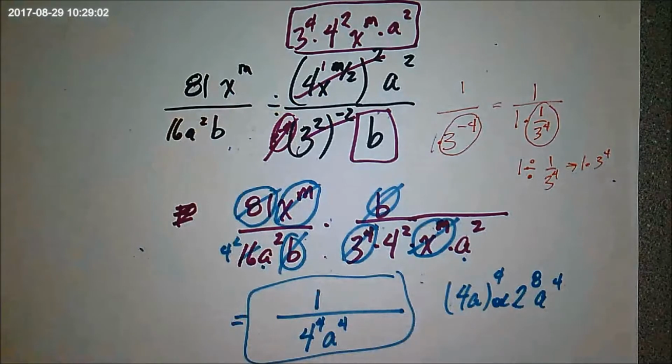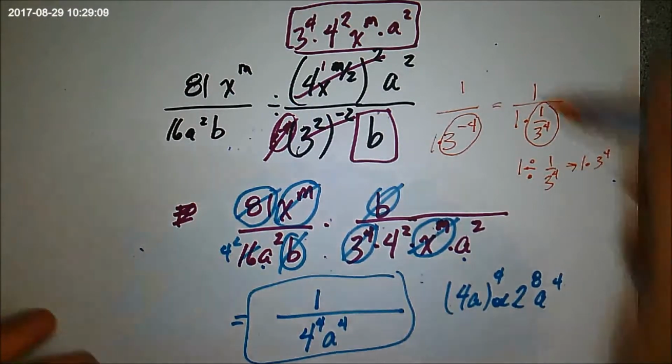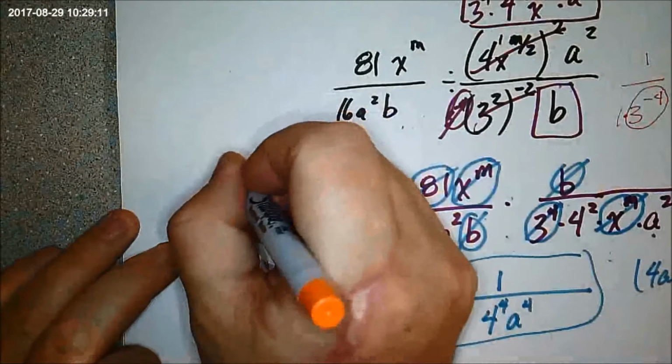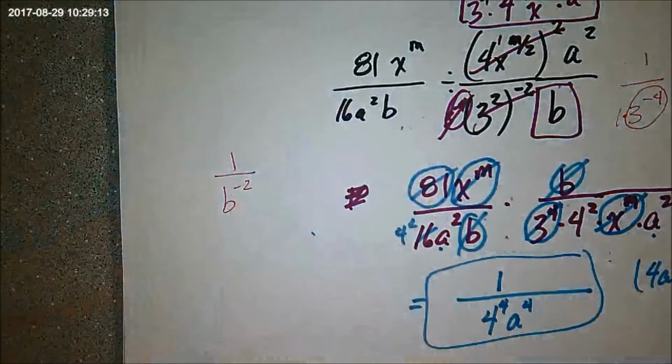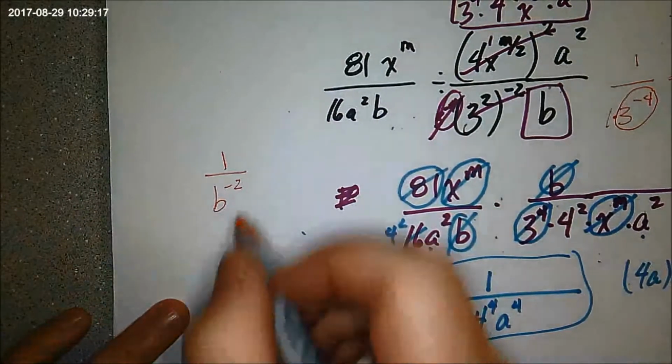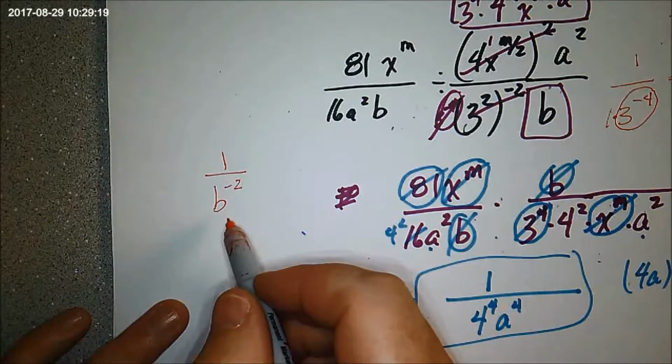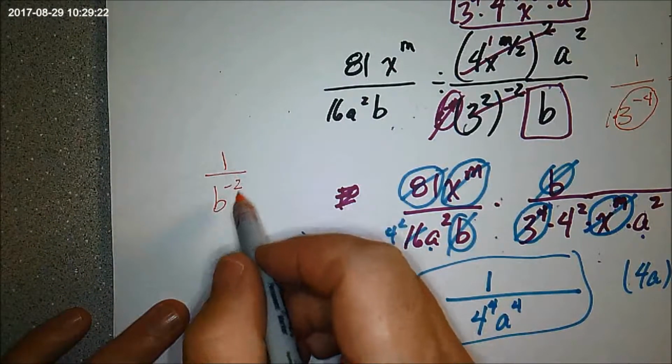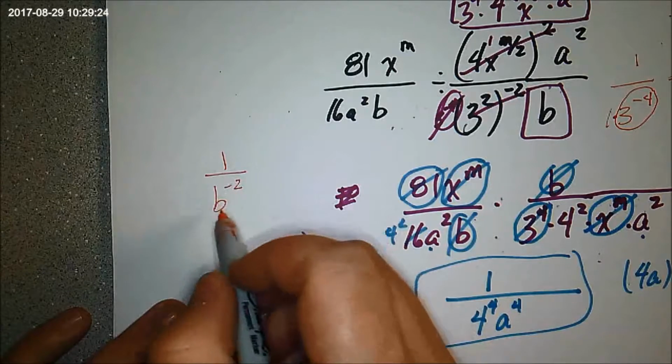Yes, Anna? If we had a negative exponent, would it go to the top? So let's say we had something like b to the negative 2 in the denominator. The shortcut of the whole thing is, this is already dividing, right? Because it's 1 divided by this number. And this number is really 1 divided by b squared.